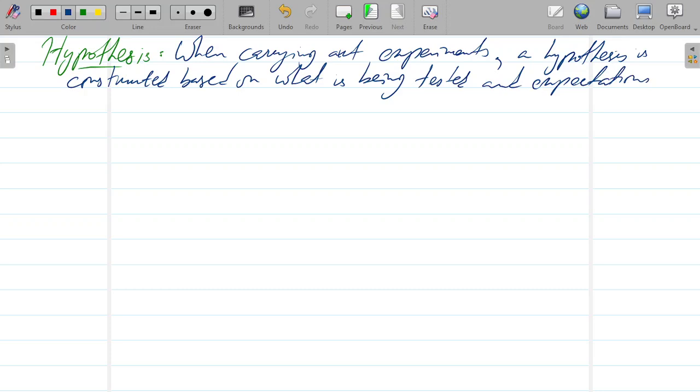So in terms of photosynthesis, we assume that photosynthesis needs light, and one of the byproducts of photosynthesis is oxygen. So oxygen is given up. And so what you do is you make a prediction. So a hypothesis is basically a prediction.